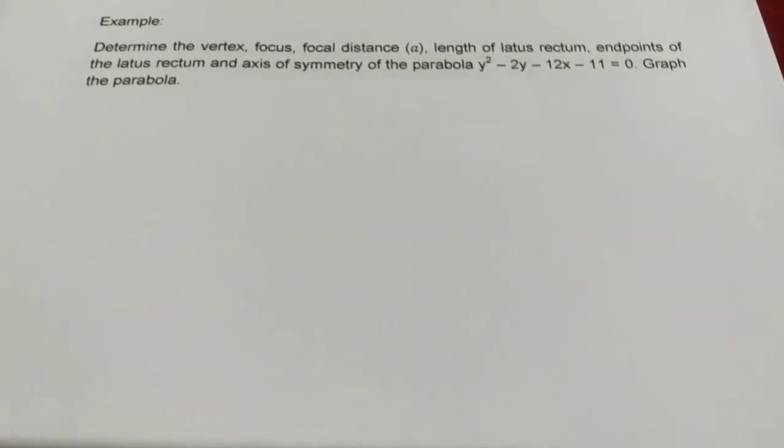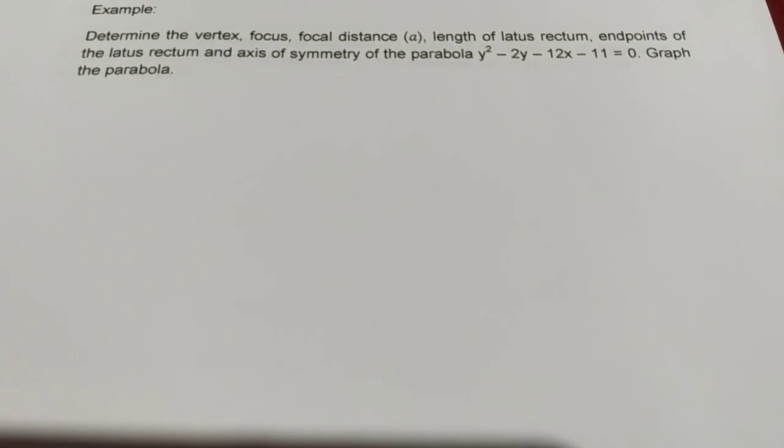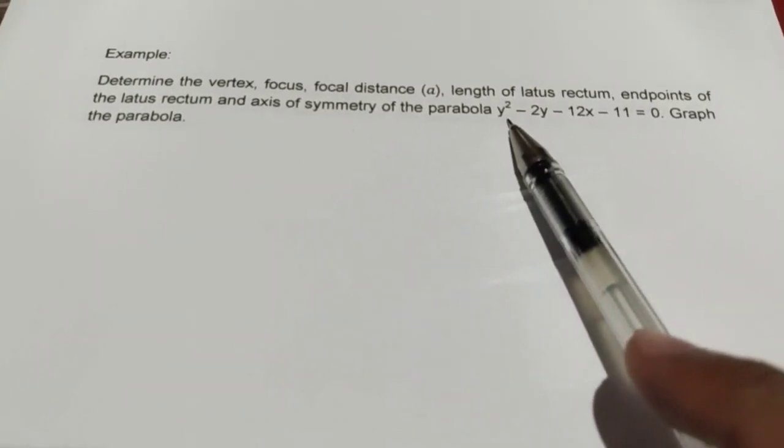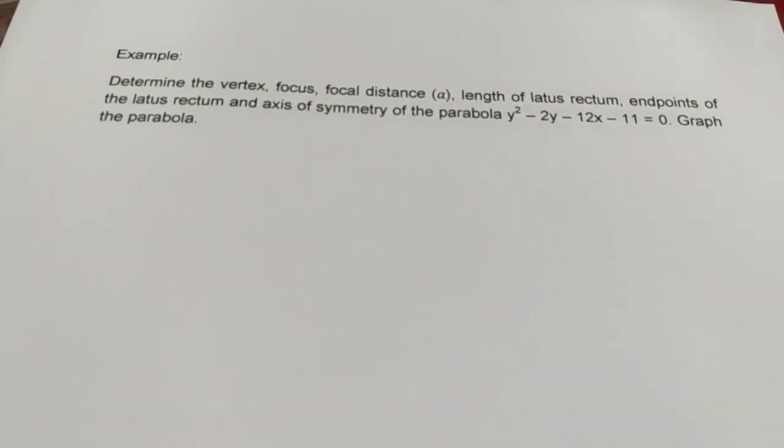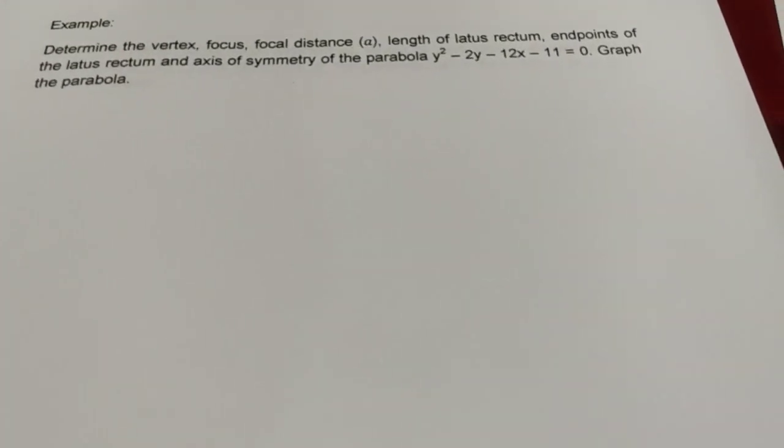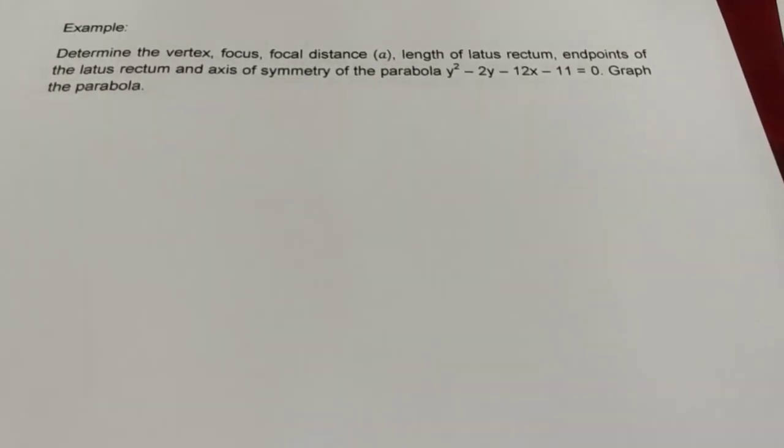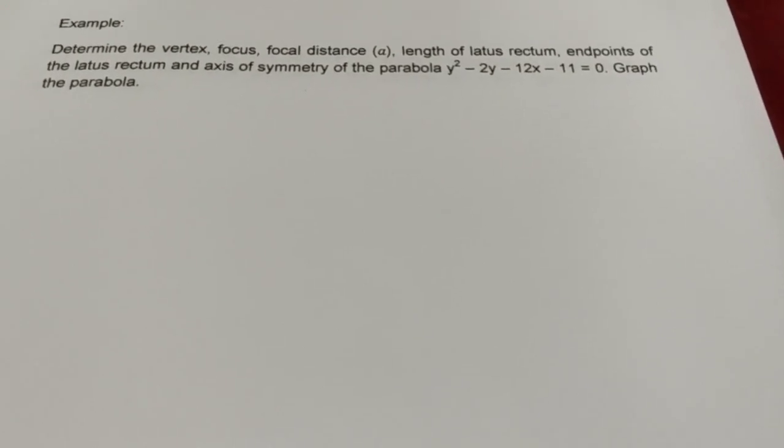So first, we need to convert this general form or general equation of the parabola into a standard equation of the parabola. As you notice, the y variable here is being squared. Therefore, the parabola either opens to the right or opens to the left.